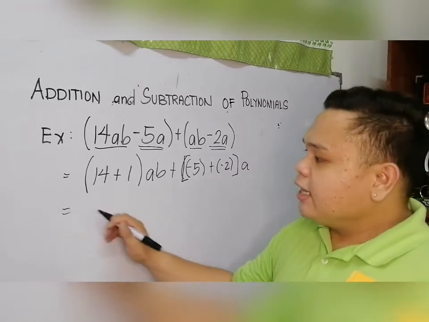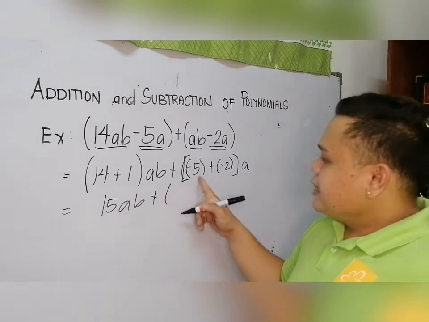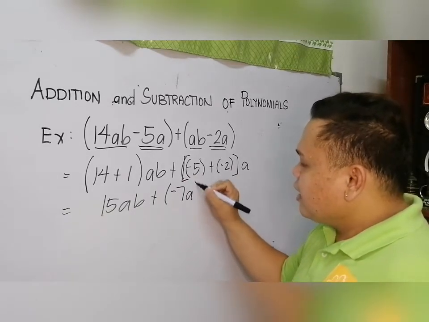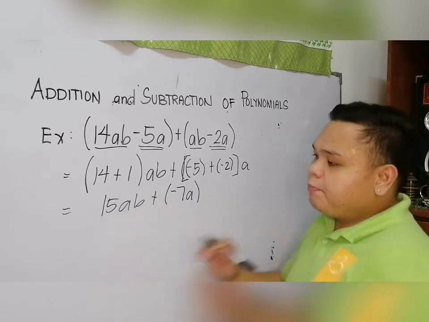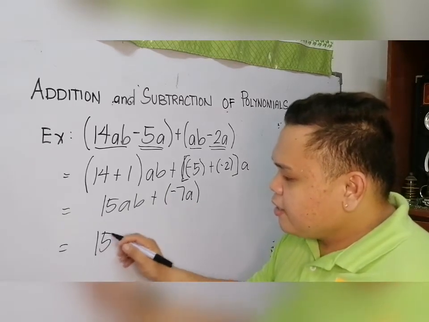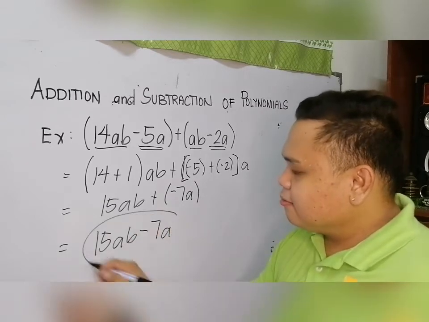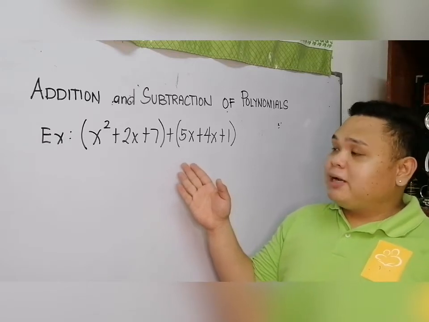Now simplifying that, you will have 15ab, plus negative 5 plus negative 2 will be equal to negative 7a. And since your answer here is negative, we will be having 15ab minus 7a.